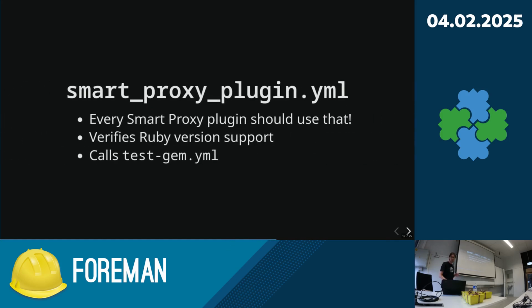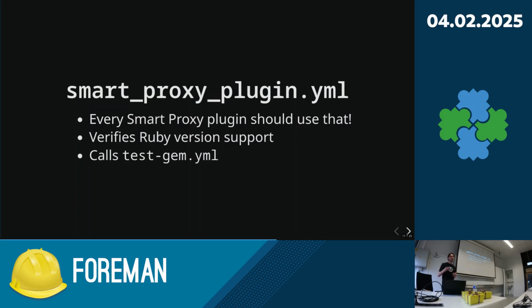Now, one improvement we made since last time, you might have seen it on the previous slide: I said Foreman plugins, Foreman proxy plugins. We created a separate workflow that's much more tailored to that. It calls the test gem workflow, but adds one more step.